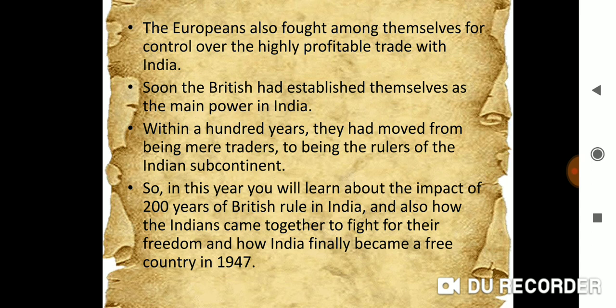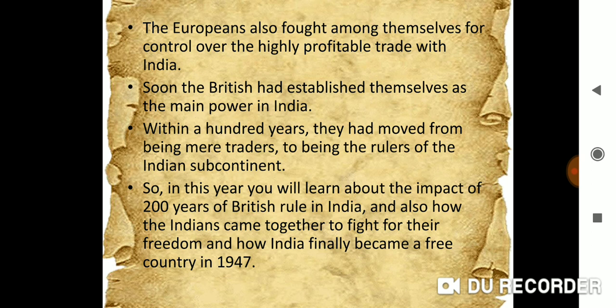Soon, the British had established themselves as the main power in India. So many wars happened between the British East India Company and the French. What happened between the British and the Dutch? Dutch means present-day Holland or Netherlands.